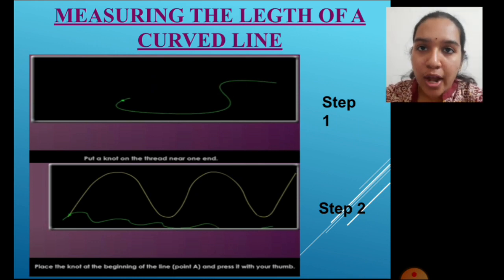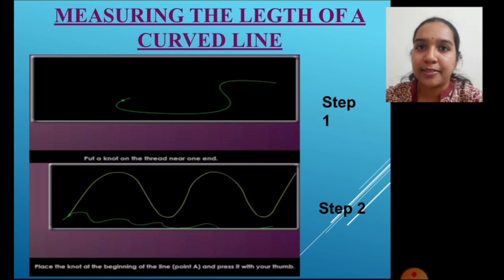In step 2, you can see that you will place the knot at the beginning of the line, that is at point A.